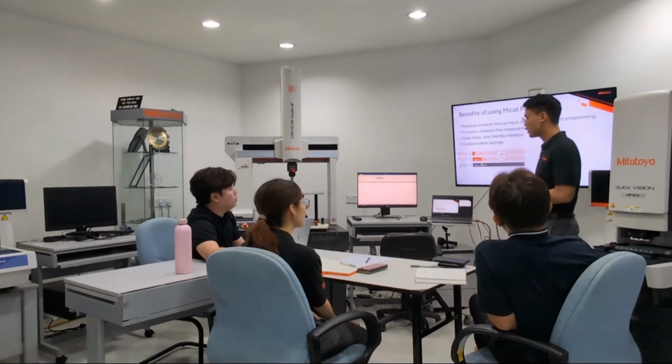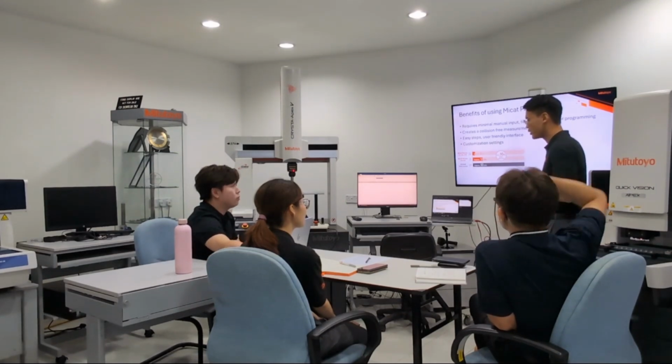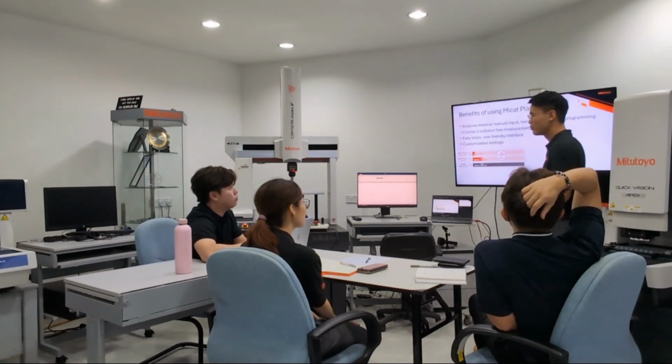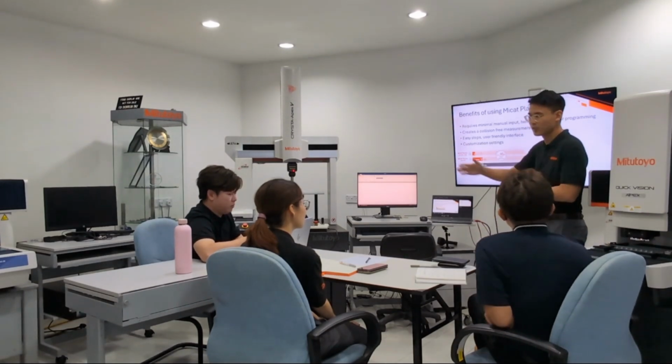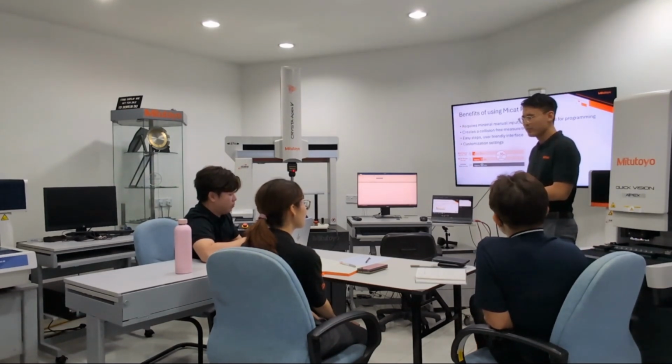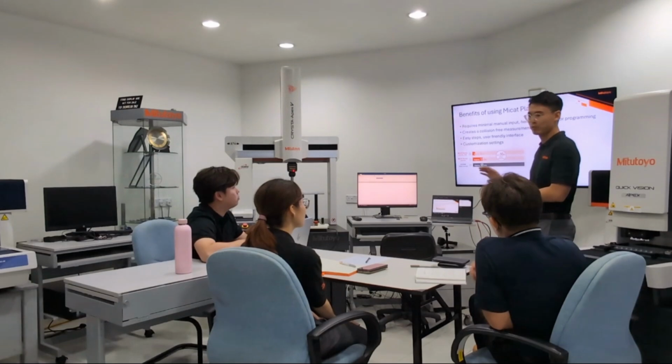For example, if you want to create a certain element in Micat Cosmos, you have to first create the part that asks the machine to move to a certain position, and then do a measurement. But in Micat Planner, you don't have to do that.